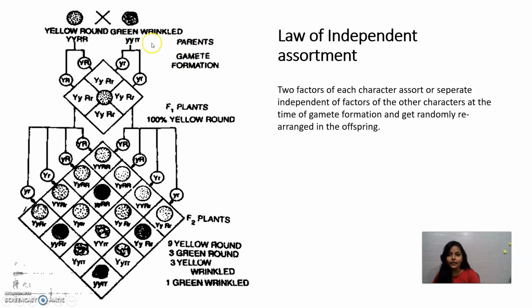If we take the yellow round and the green wrinkled parents, we can find all the possible results: yellow round, green round, yellow wrinkled, and green wrinkled. All the different possibilities can appear in the offspring. This shows that all the gametes got independently sorted and rearranged in the offspring.